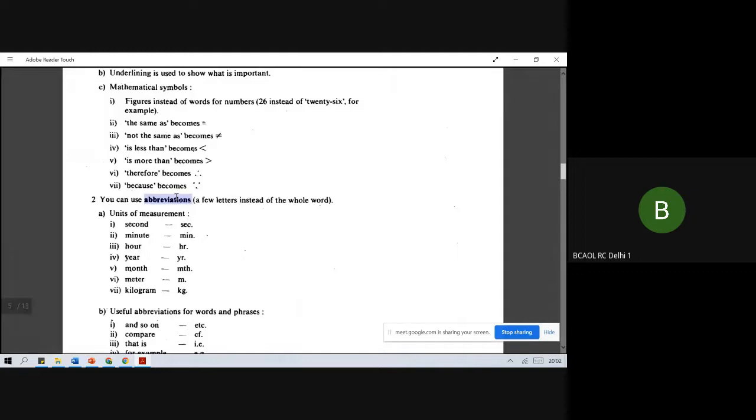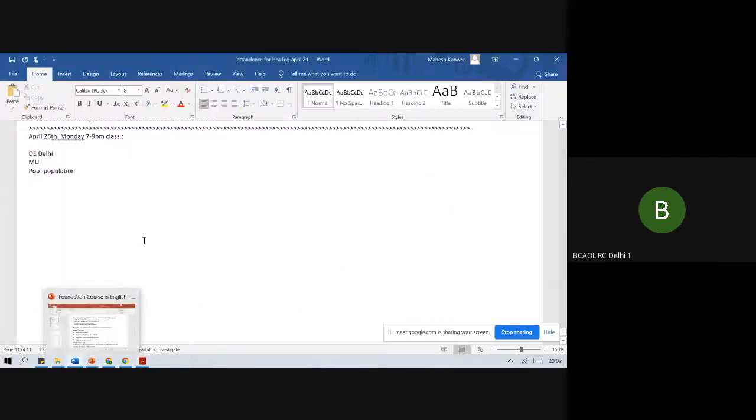So if you are using abbreviations in your note, whether common or your own personal abbreviations, you must make a table. You have to prepare a table at the bottom of your notes, and you have to mention what abbreviations you have used in that note.